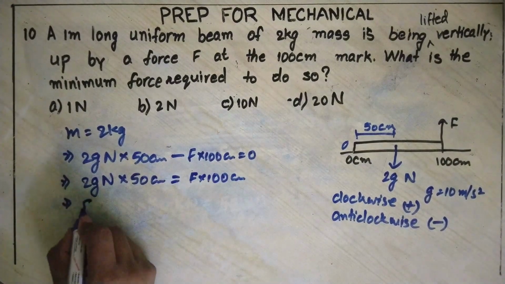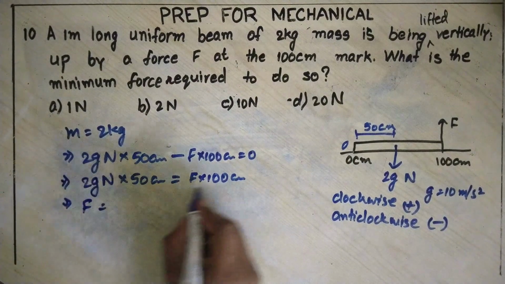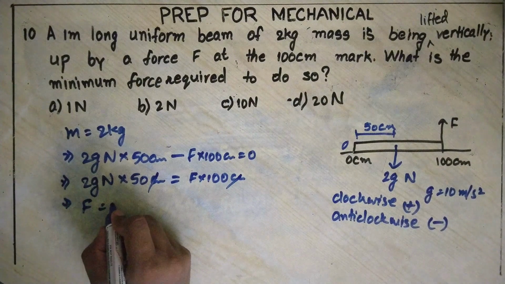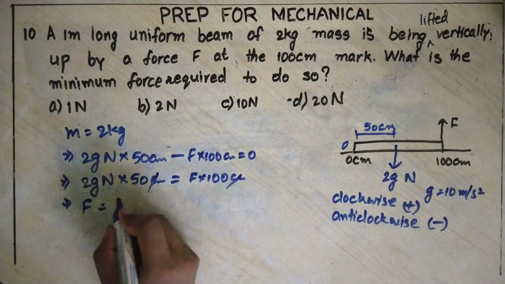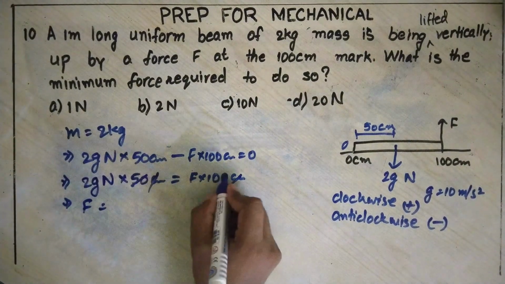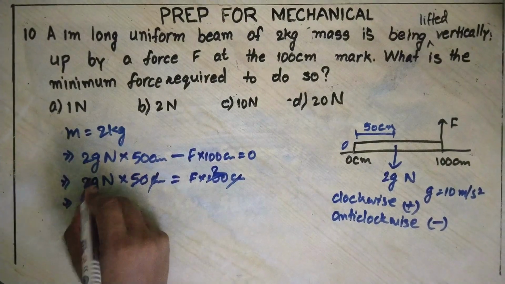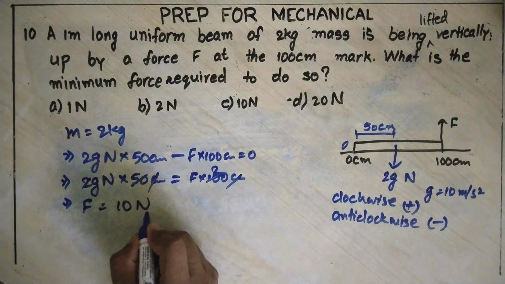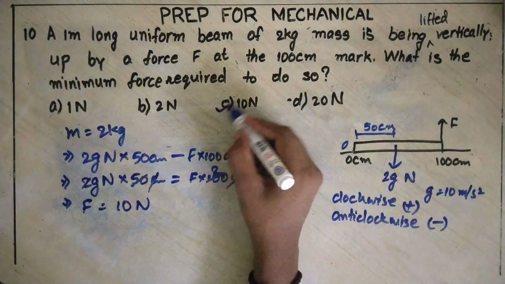By solving, we will get F equals 10 Newton, and the correct option is C.